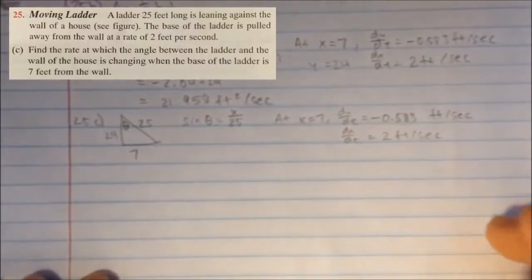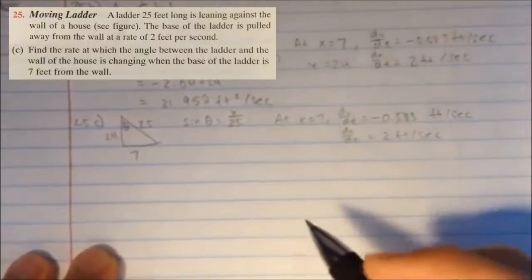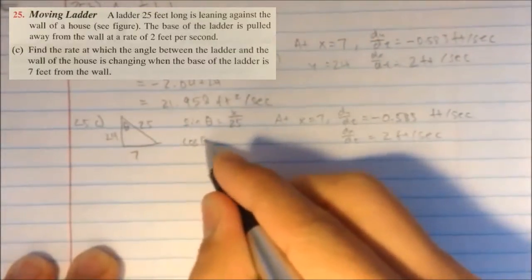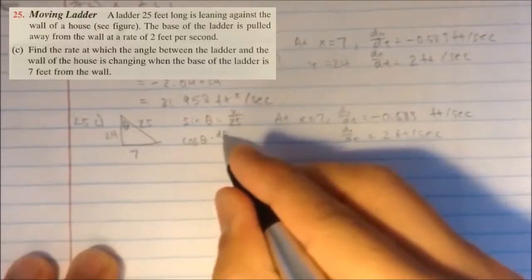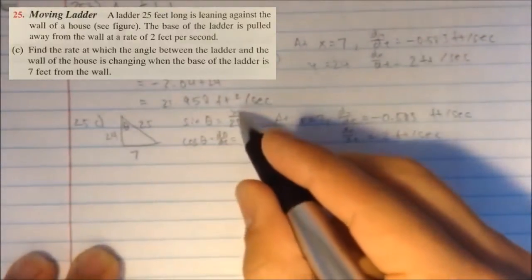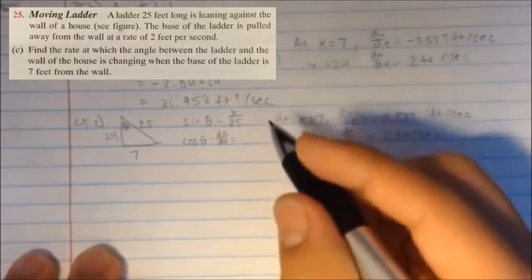It's just something that we should know. And so, okay, we have this equation, and let's solve the derivative for it. The derivative of sine theta is cosine theta, and remembering the chain rule, times the derivative of theta with respect to time. And with x over 25, we have to use the quotient rule of differentiation.